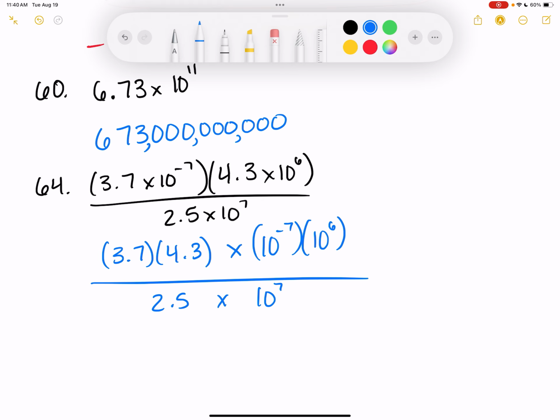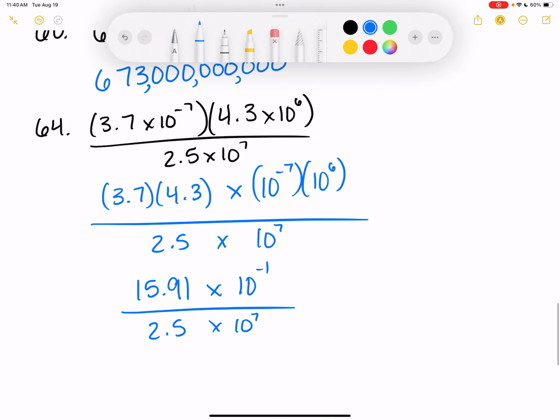So somebody multiply that 3.7, 4.3, and divide by 2.5. What? 15.1. Did you divide it by 2.5? Yeah. Okay. So on top right now, I would have 10 to the negative 1 over this.